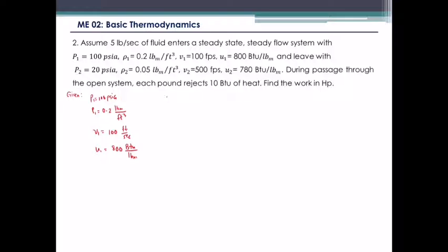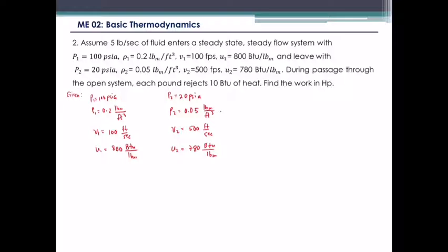Then for point 2, P2, we have 20 psi absolute. We have also density at point 2, 0.05 pound mass per cubic feet. We have V2, 500 feet per second, and U2, specific internal energy at point 2, 780 BTU per pound mass.